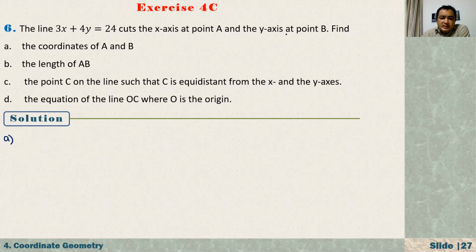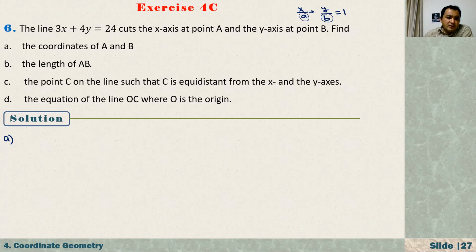Since A and B are the x and y intercepts, if you remember, we write the equation in the form x over a plus y over b equals 1. If we convert this equation into this form, the numbers in the denominators give us the x and y intercepts. So 3x plus 4y equals 24.